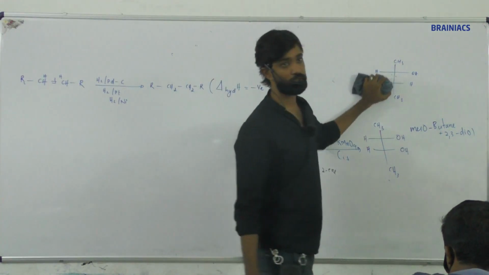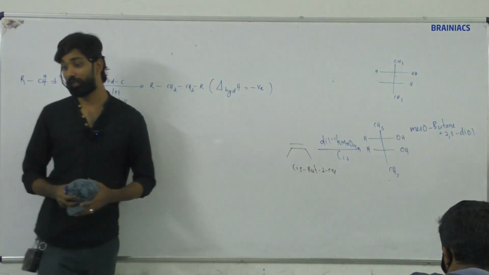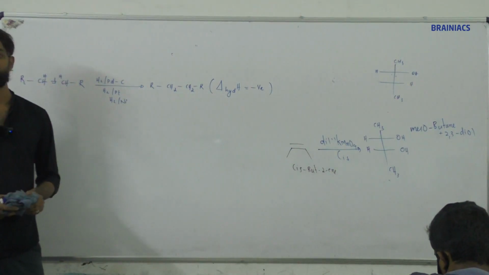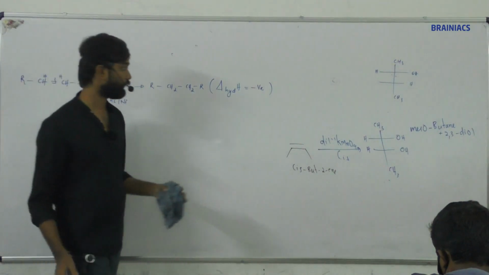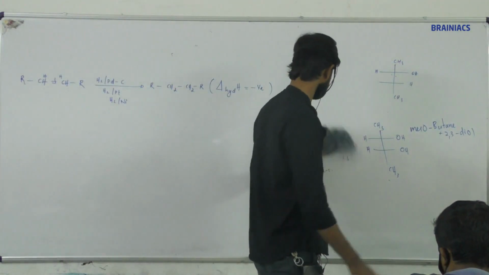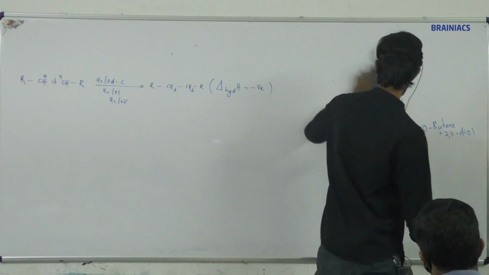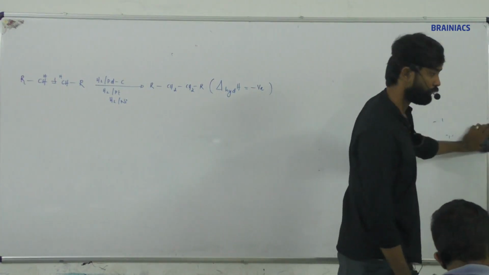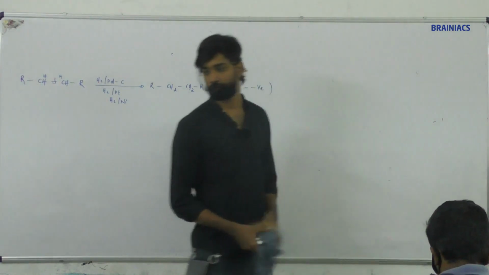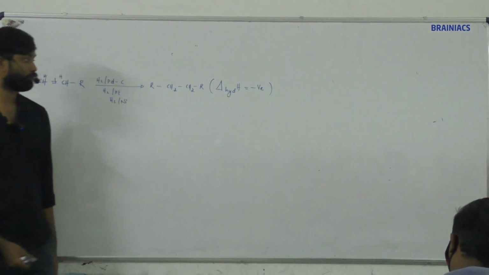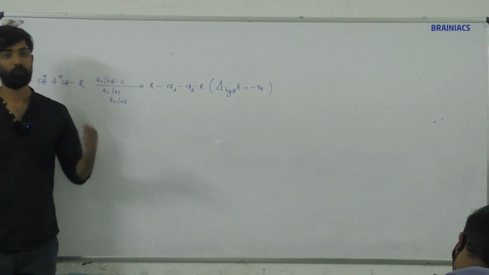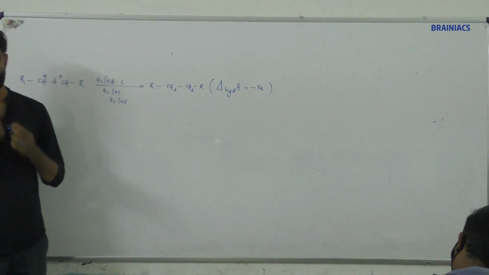There may be questions to arrange molecules by heat of hydrogenation. For that you have to know the stability of alkenes. I think it may be discussed in your basic organic, on the basis of hyperconjugation. So you may be asked to arrange the following alkenes on the basis of stability or heat of hydrogenation.